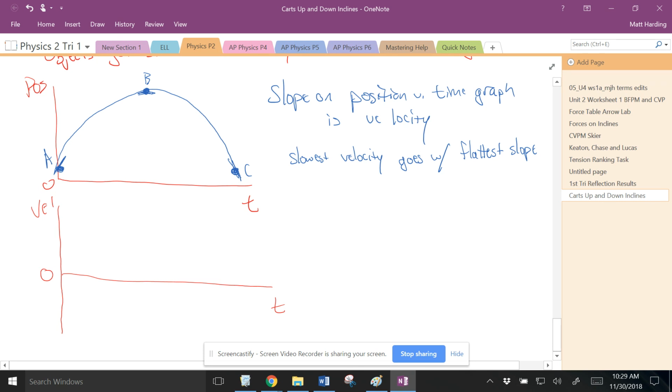So I think I need to ask you this question. Is there ever a spot on this position graph where the slope is 0? Okay, let me ask you on the Pear Deck.